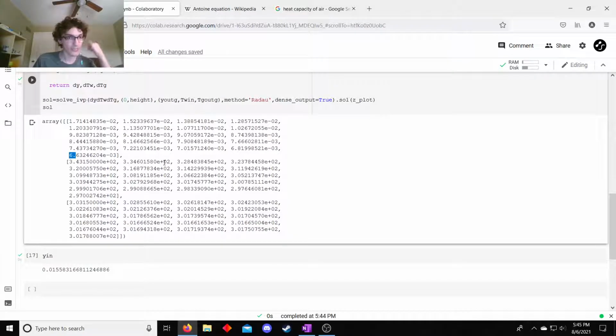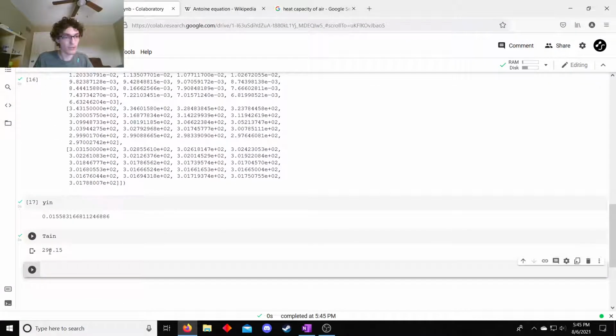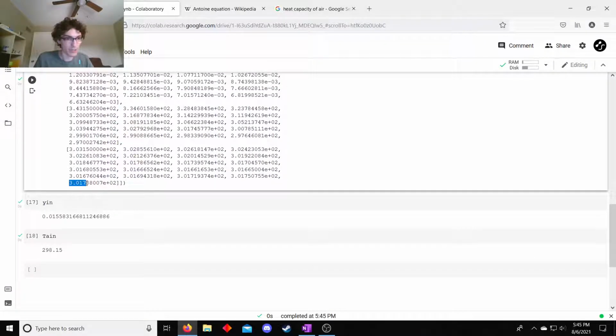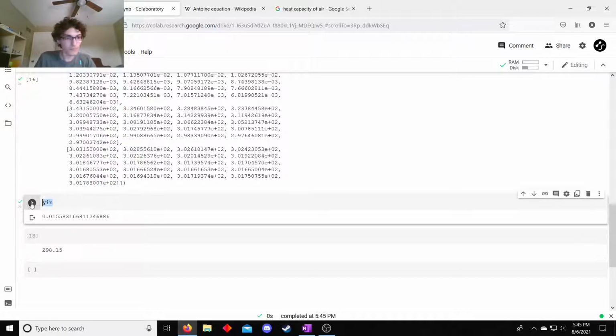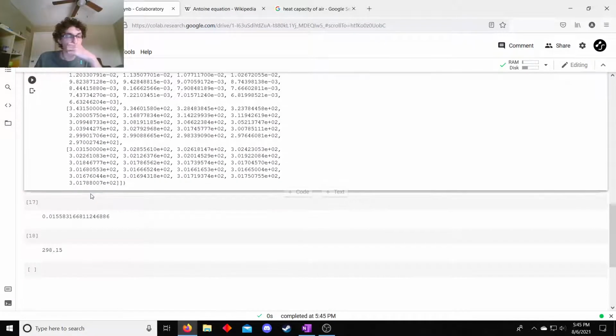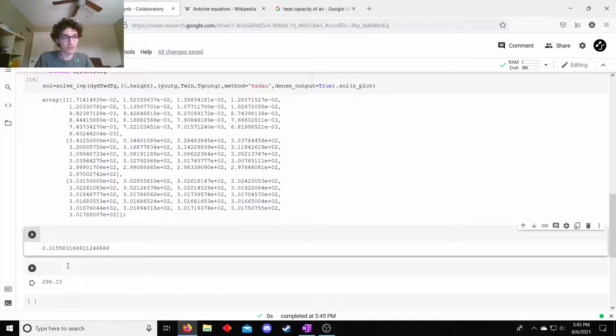So what we need is to change our guesses to make these final values line up with this and with the temperature of the air going in, which is 298. And it looks like down here we have about 302, so that's off as well. So the way we're going to do this is use a root solver.